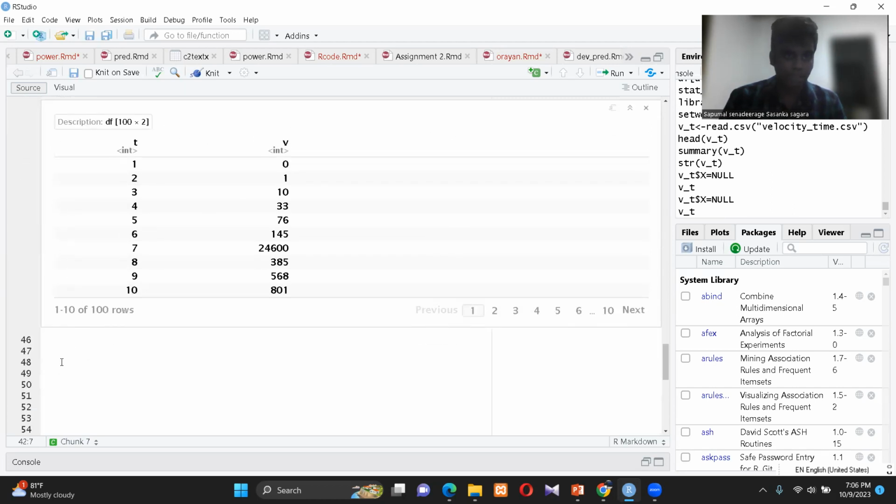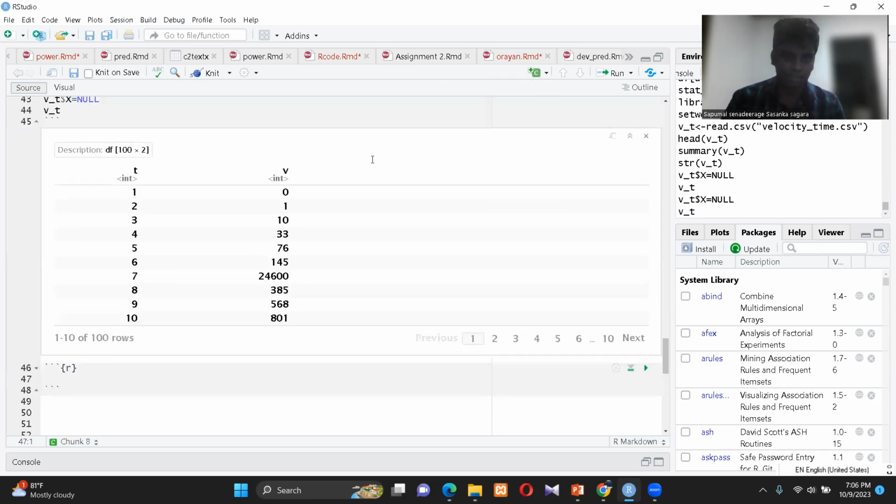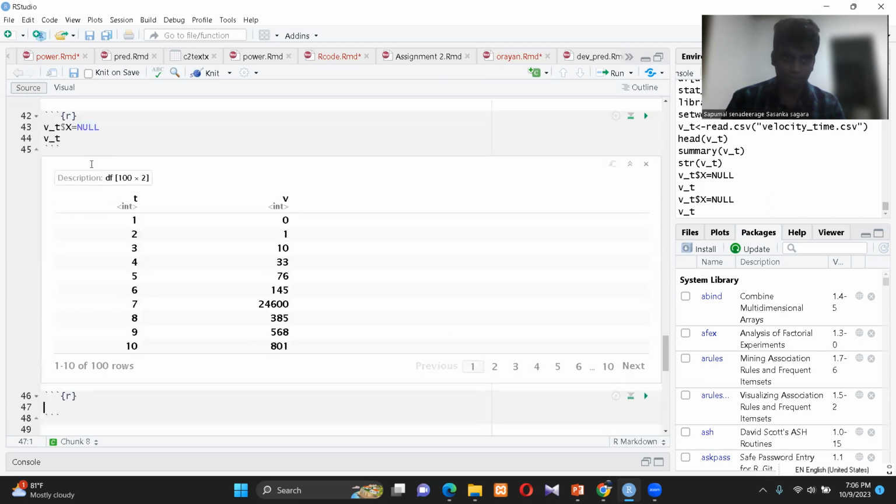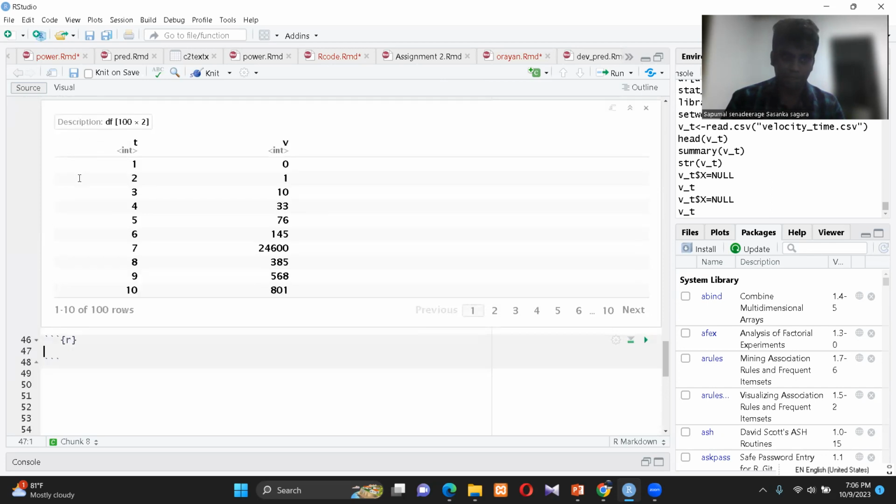Yeah, that is eliminated, right? Even though we have some more methods to eliminate that, I use this method in order to eliminate that particular unnecessary column, right?